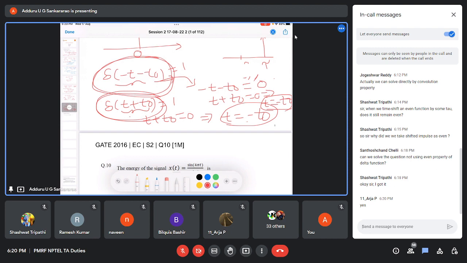But here we can understand the property del of minus t equal to del of t. In this way, we need to use two properties: del of minus tau equal to del of tau, and the convolution property of impulse. Yeah, fine. Let us move to the next question.